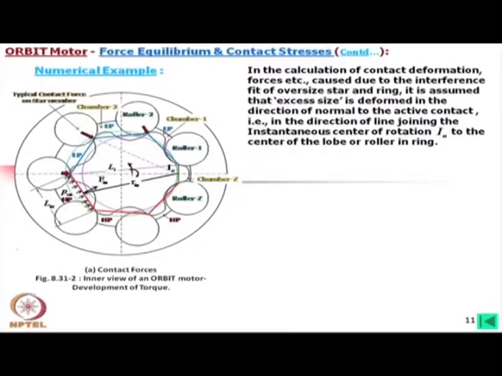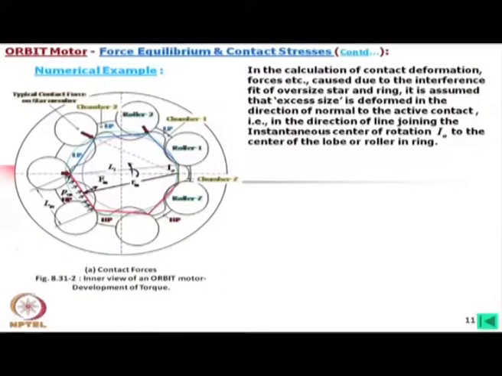In this case, such interference is taken care of by a few contacts only. So, most likely it is not uniformly distributed. And if you try to visualize, there is a possibility of unstable conditions.